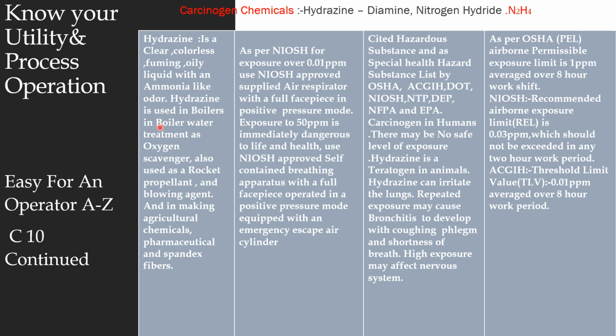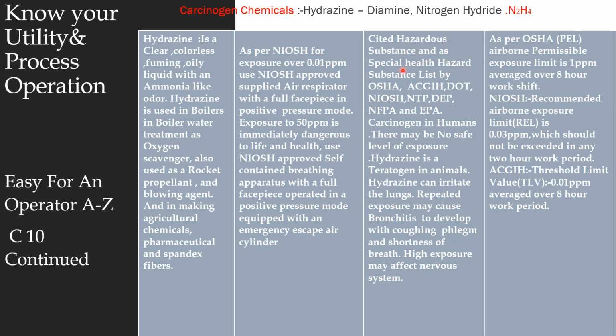Hydrazine is used in boiler water treatment as an oxygen scavenger or oxygen remover. Also used as a rocket propellant and a blowing agent, and in making agricultural chemicals, pharmaceuticals and spandex fibers. So these are the uses of hydrazine.